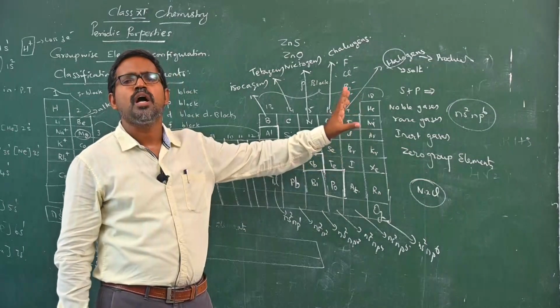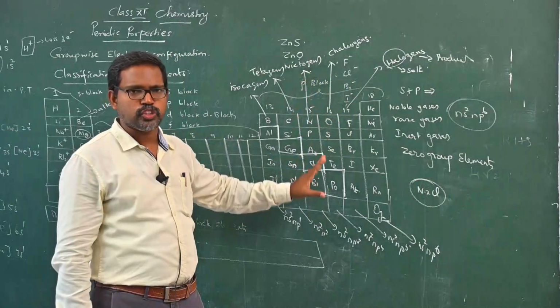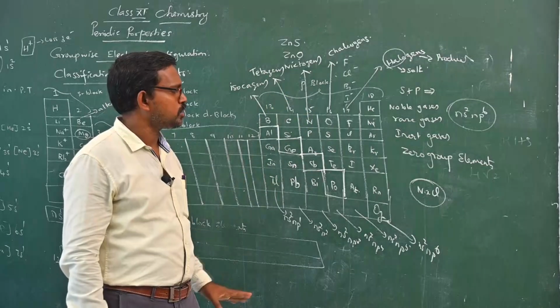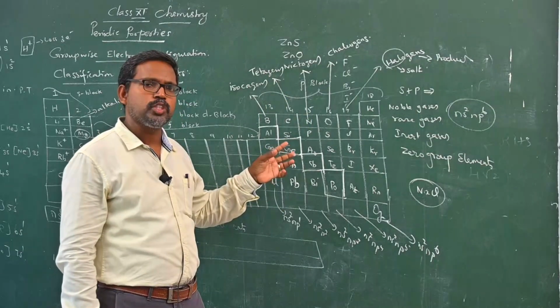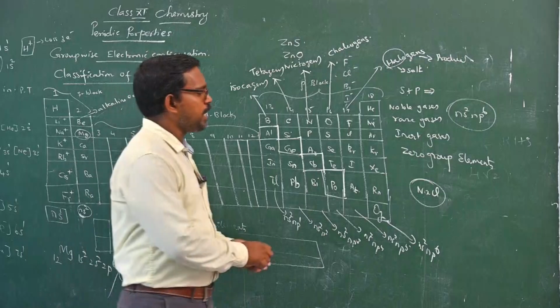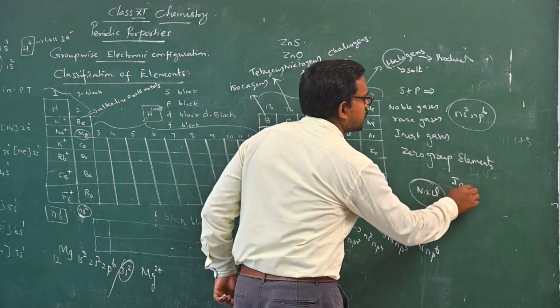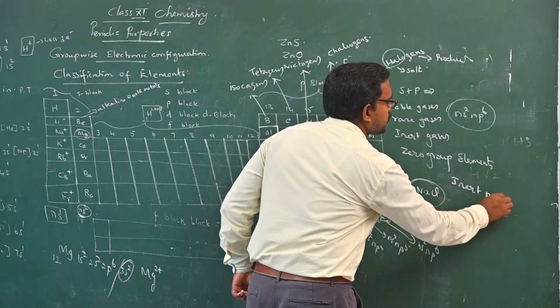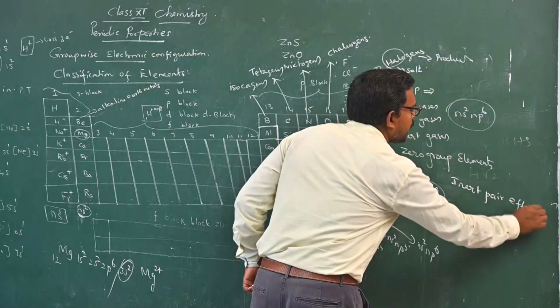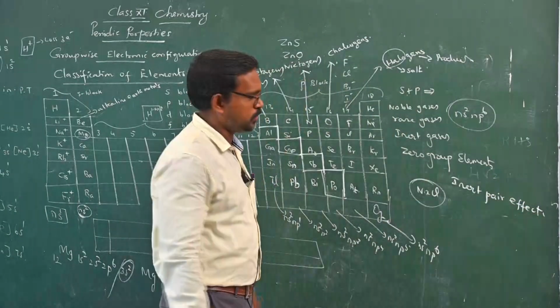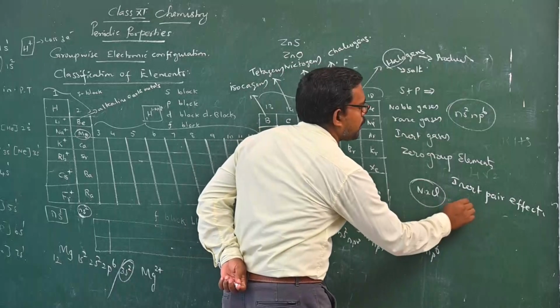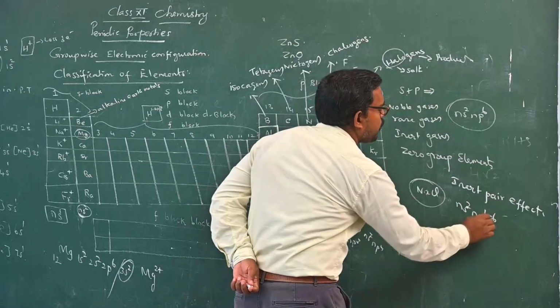These elements show higher ionization energy. The special character of p block elements is the inert pair effect. What is the inert pair effect? The general electronic configuration is ns2 np1 to 6.